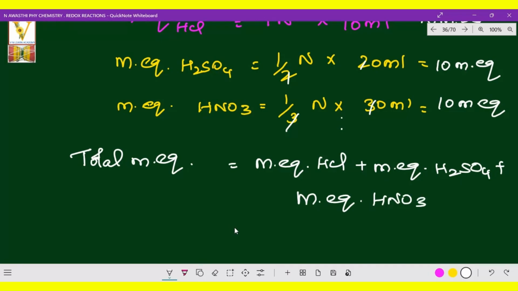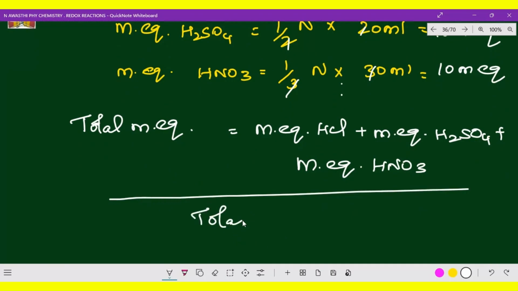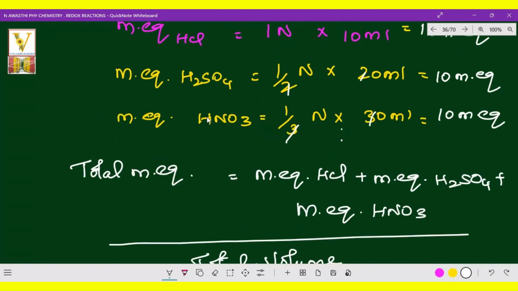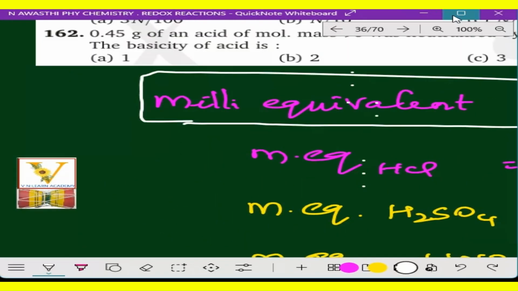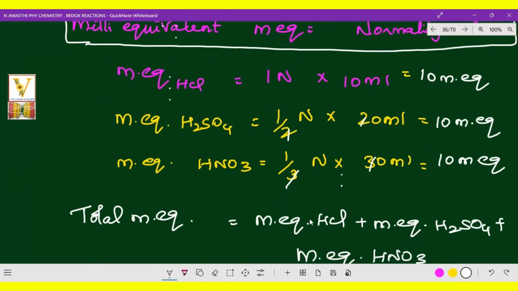So now total milli equivalent divided by total volume. Here the total volume, how much have they given? Total volume 1 liter, right? 1 liter only they have given.